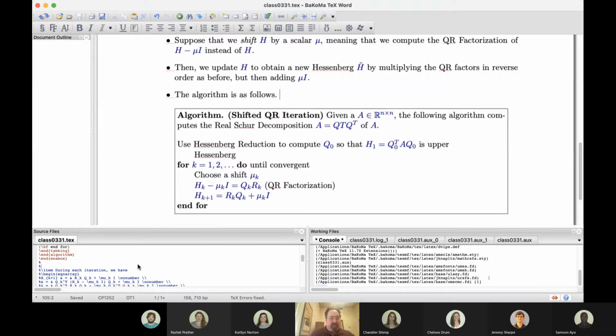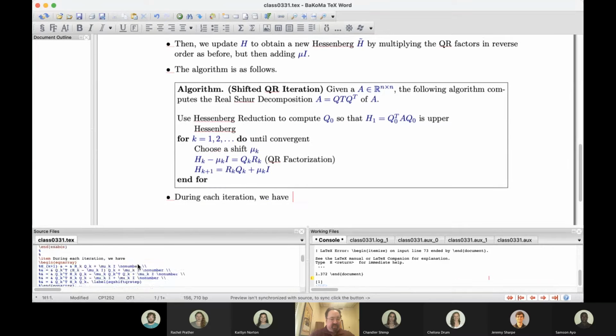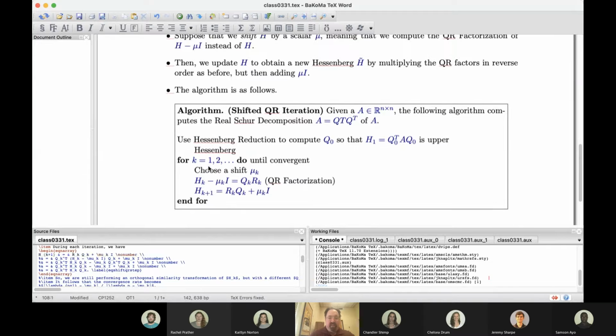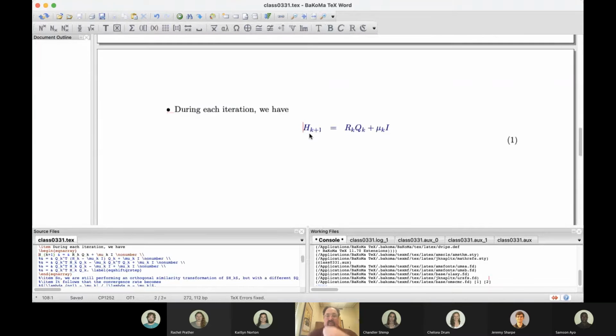Now, to first explain why this is even valid, we're going to show how each new Hessenberg matrix relates to the previous one. This is how H k plus 1 is obtained. This is a line straight from the algorithm. R k comes from Q k transpose times the matrix being QR factorized.